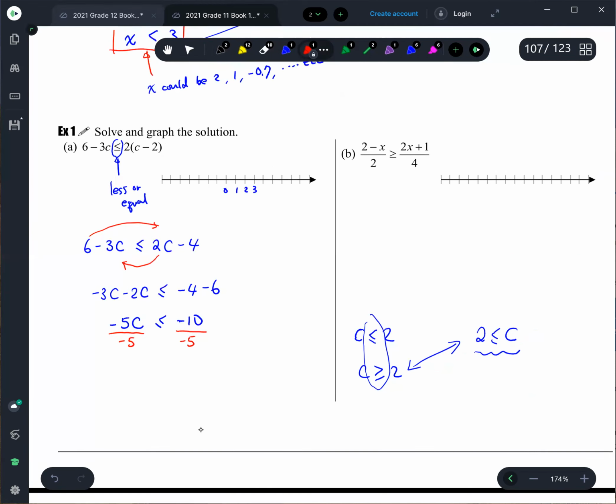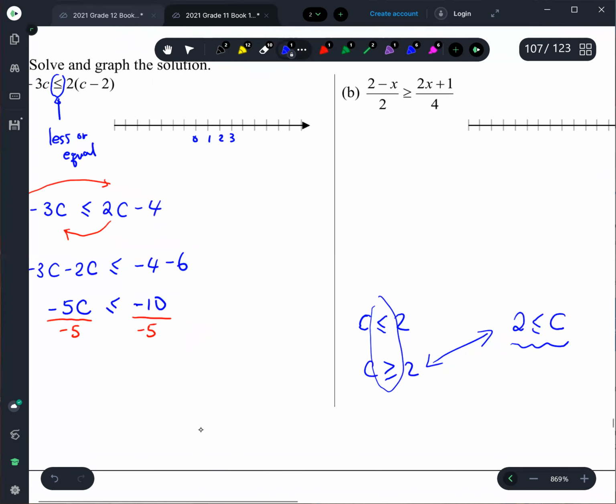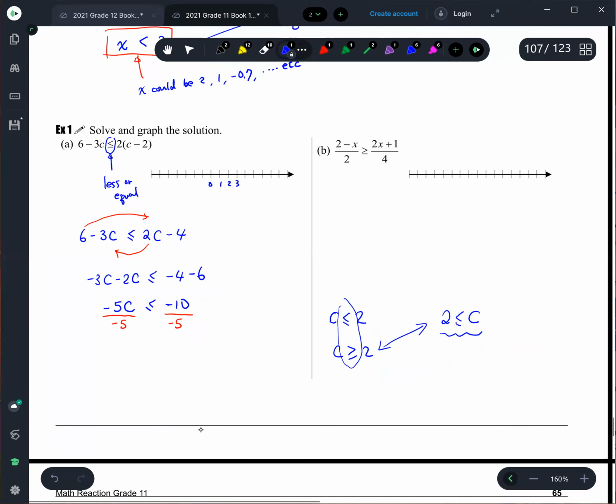When you divide by negative, we need to flip, okay? So this is the moment we need to do flipping. So -5 cancels out. They're gone, okay? So you have C, but then your sign needs to flip because you divided by -5.